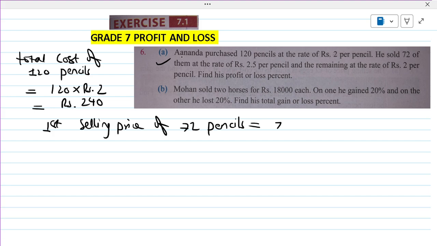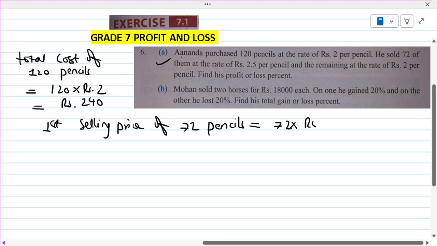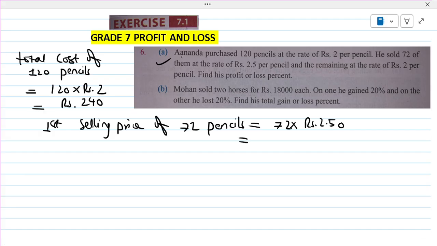So it is 72 into rupees 2.50. Okay? And now let's calculate 72 into 2.50. We can do this as 72 into 2 plus 0.5. So 72 into 2 plus 72 into 0.5.